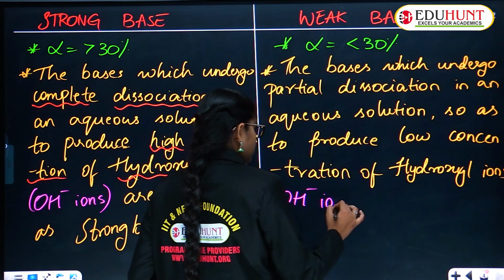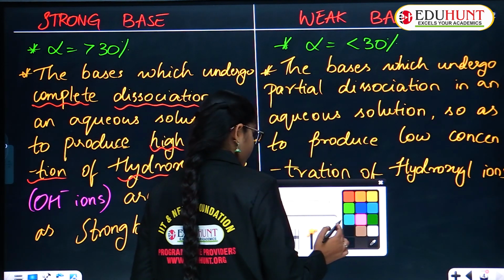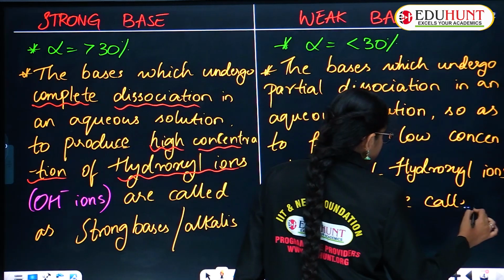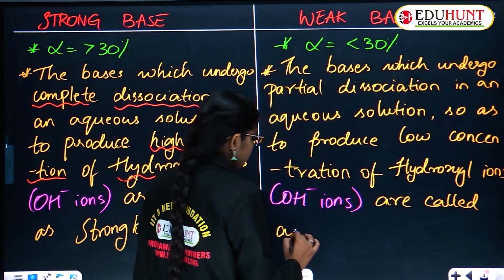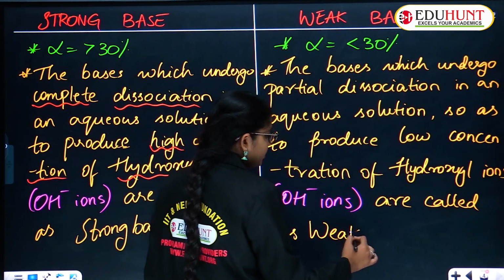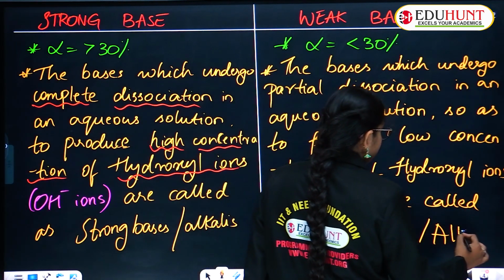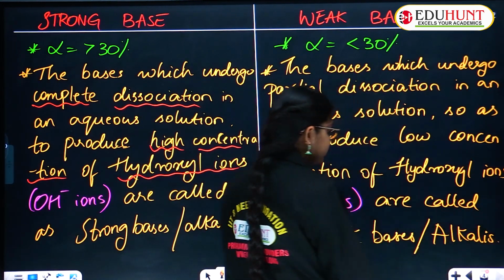Those bases are called weak bases or weak alkalis. Got it?